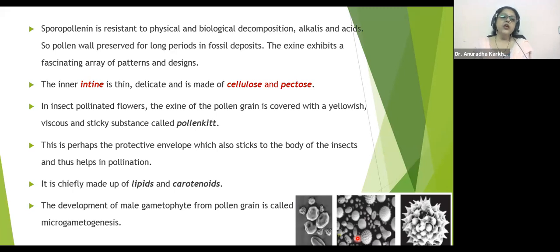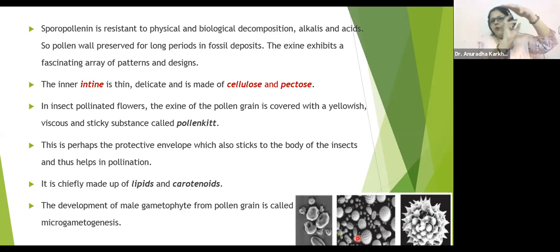A yellowish colored fluid, which is called pollen kit. What is the reason for the sticky fluid? See, this pollen kit perhaps is the protective envelope which also sticks to the body of the insects and thus helps in pollination. So when the insect comes to one of the flowers, it takes the nectar.